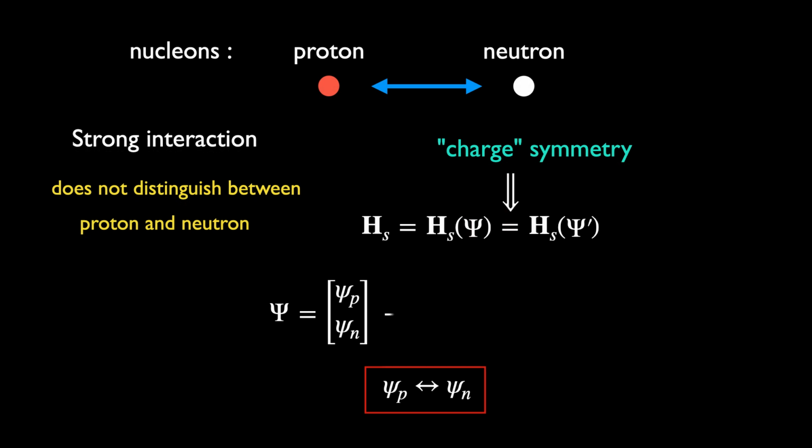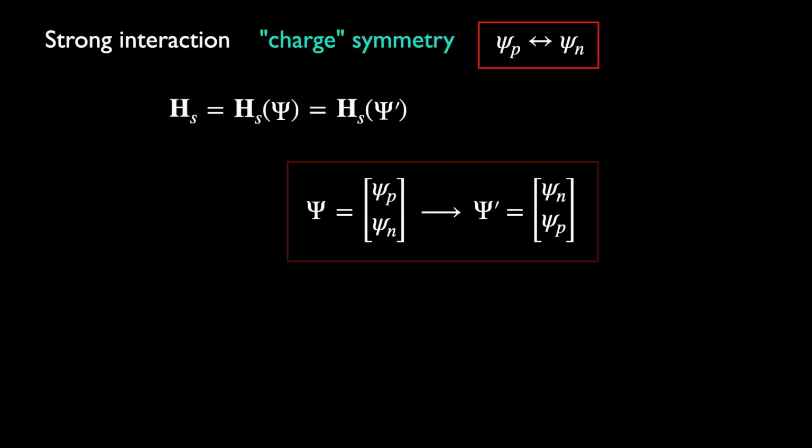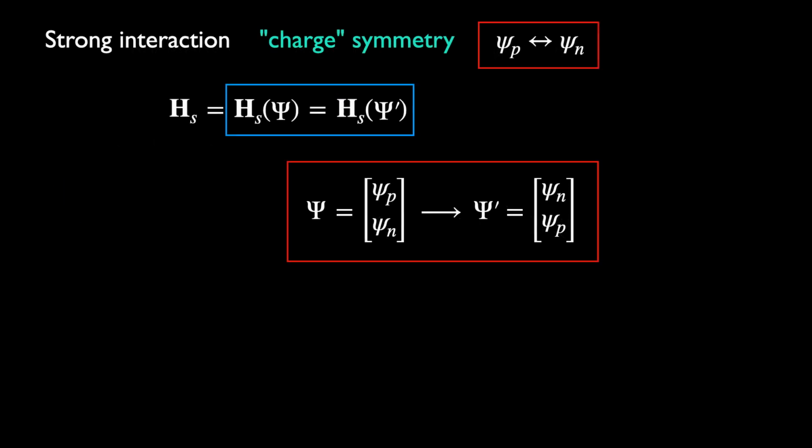And the charge symmetry can then be expressed as the transformation of this doublet. We could thus view the proton and the neutron as different states of the same particle under strong interaction. Taking this idea further, one could imagine mixing these two particles in a more general way.